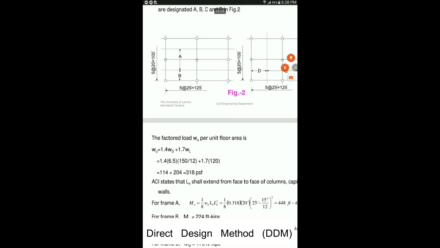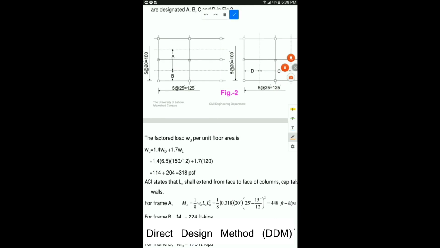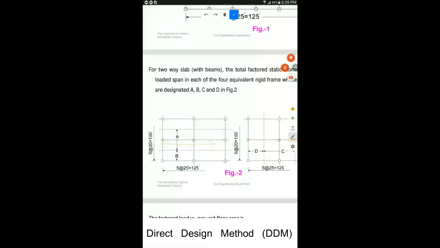What is the value of L2? Because the rigid frame A is running along the x-axis, as we have discussed. See, this is the rigid frame A, running along the x-axis. So L2 for this one is this dimension. You will see L2 here, and this will be L1.